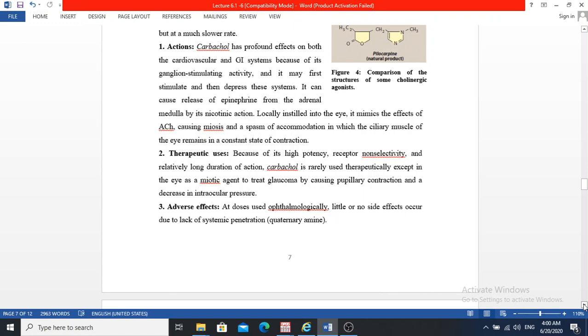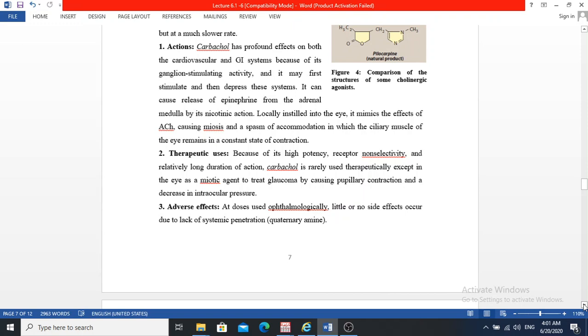Locally instilled into the eye, it mimics the effect of acetylcholine, causing miosis and a spasm of accommodation in which the ciliary muscle of the eye remains in a constant state of contraction. Its therapeutic use is limited because of its high potency, receptor non-selectivity, and relatively long duration of action.